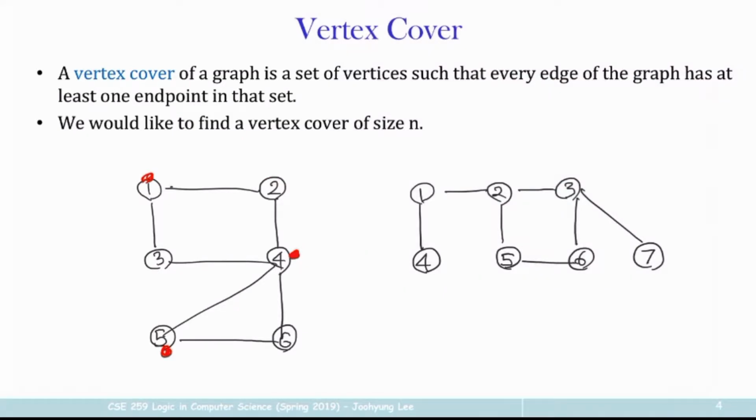Well, this covers, right? This edge is covered, this edge is covered because of this, this edge is covered because of this. This edge is covered, this edge is covered, this edge is covered. So every edge is covered. Good. So this is size 3.